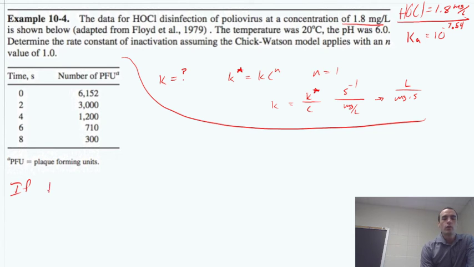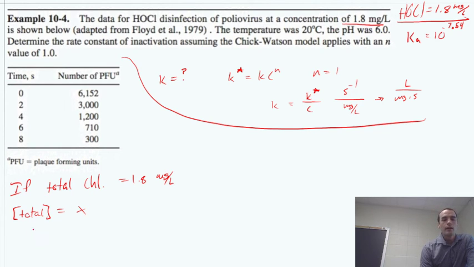So I'll say if total chlorine, I'm just going to write total, chlorine equals 1.8 milligrams per liter, then we have a more challenging problem, okay? Because then we say, all right, we need to convert to a molar value of the total equals something, right?